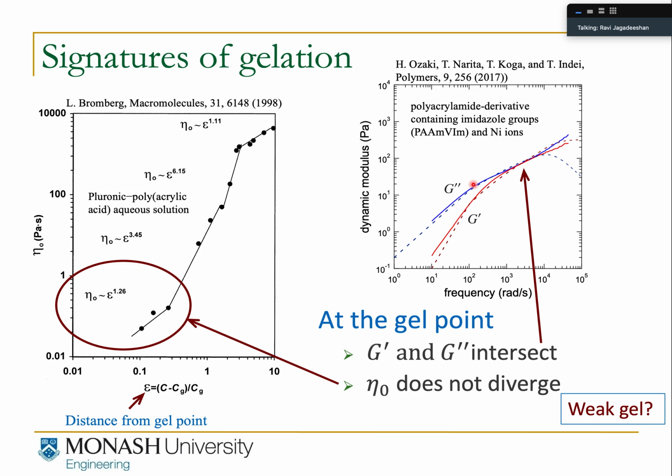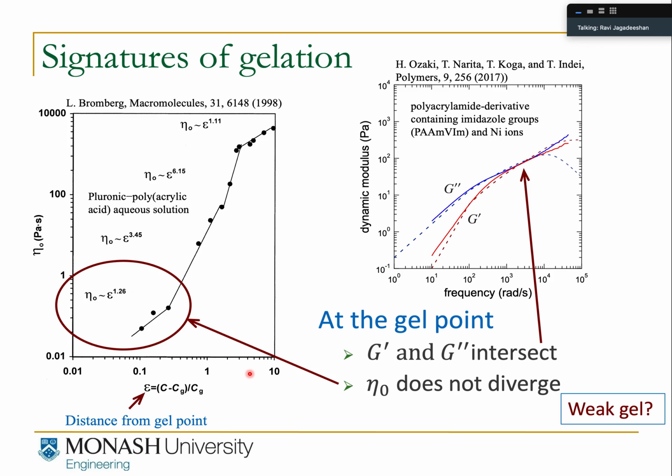And the viscosity is not observed to diverge. And in these experiments shown here by Bromberg, the viscosity actually seems to show a power law increase with concentration when it's measured as the distance from the gel point, right?